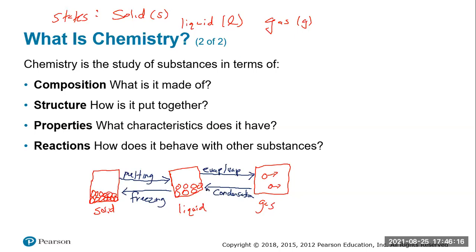Now, there are some other processes we come across in chemistry as well, as we go from solid directly to gas, skipping the liquid state altogether. That's the process known as sublimation. You may be familiar with that from dry ice.